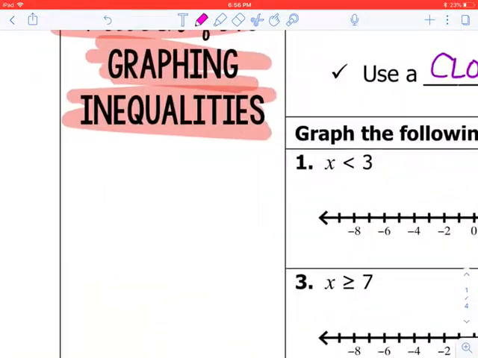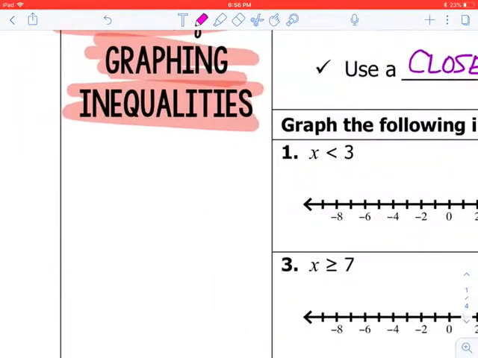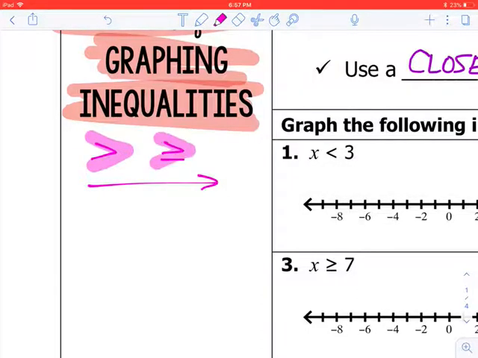A couple other things we need to make sure to write down is that when it's greater than or equal to, that should be going this way to the right. You can recognize that by seeing which way the arrow is pointing. So it's going right, so our arrow or our shading goes right.